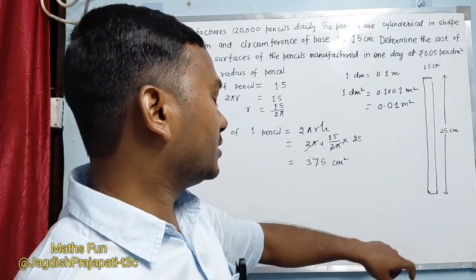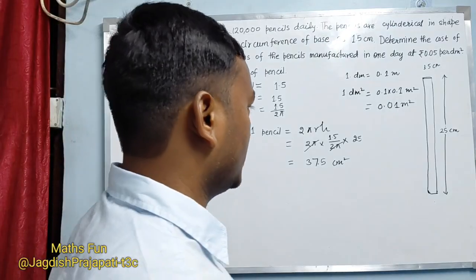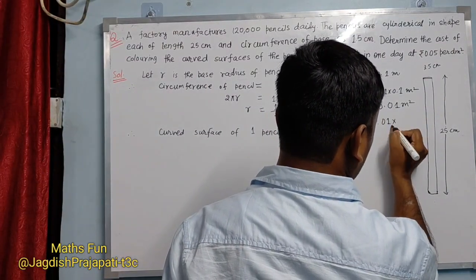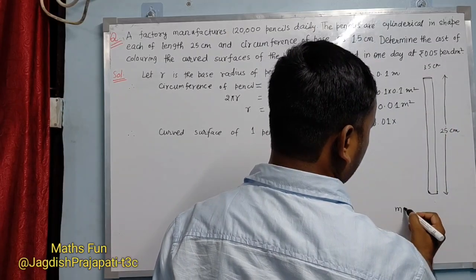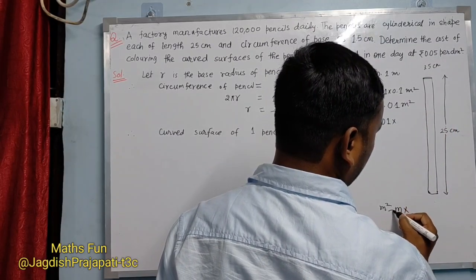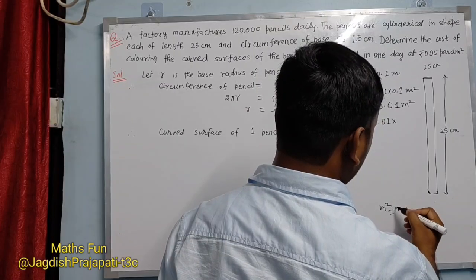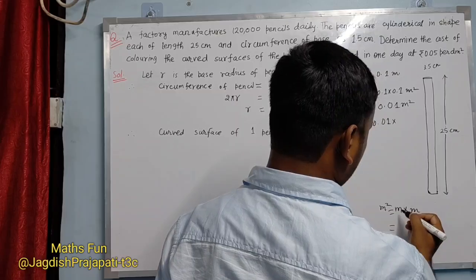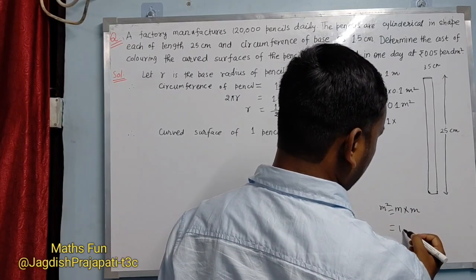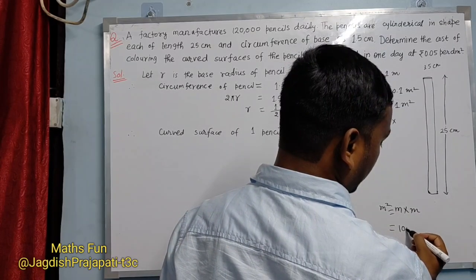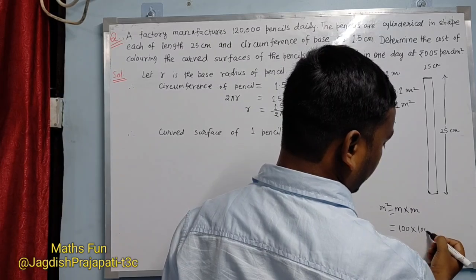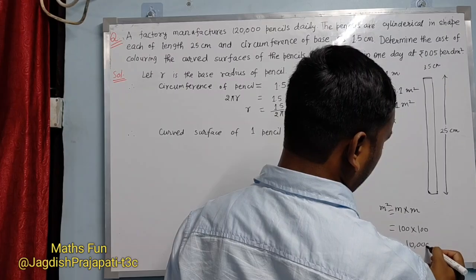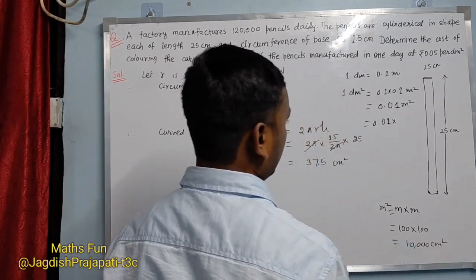This is in square meter, but the area is in square centimeter. Let us convert it into centimeter. 1 meter is equal to 100 centimeter, so 1 square meter is 10,000 square centimeter.